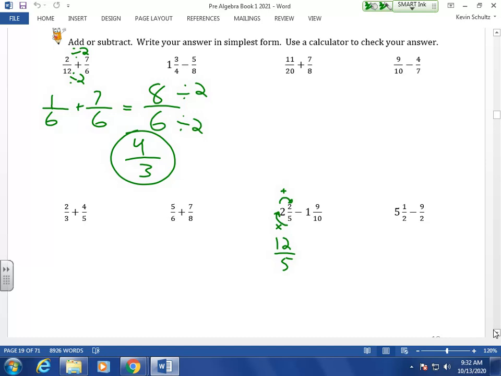How many fifths make 1 whole? 5. Okay? So 2 and 2/5 is like saying we have 1 whole plus a second whole plus our part, that 2/5.